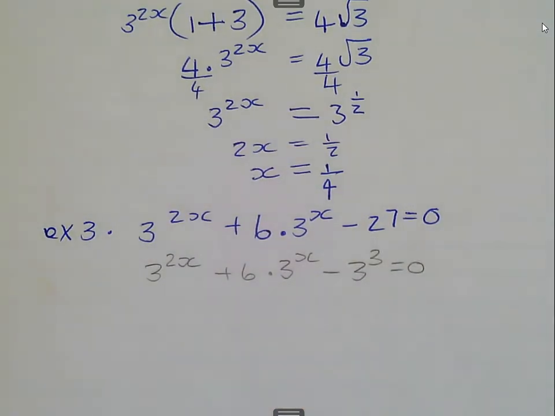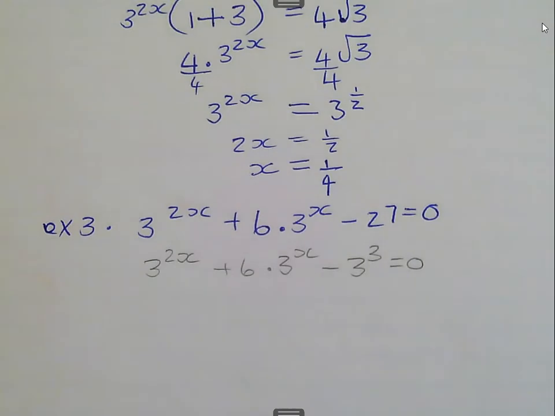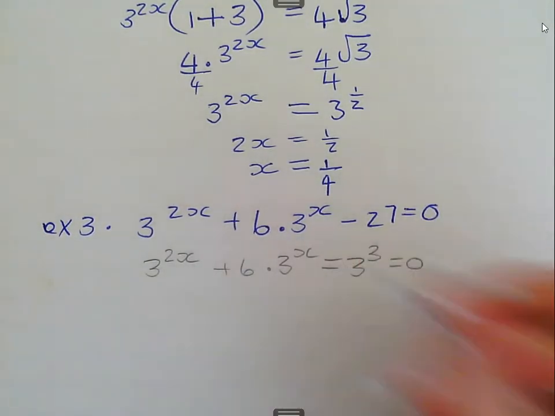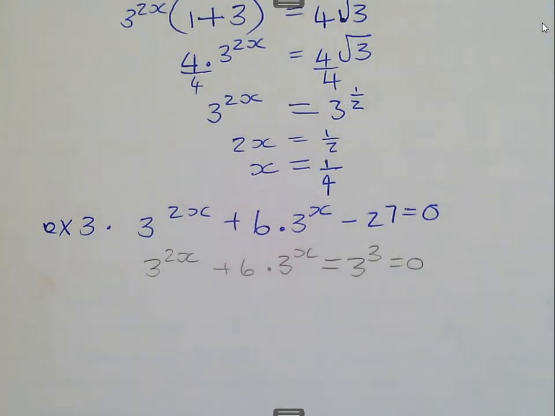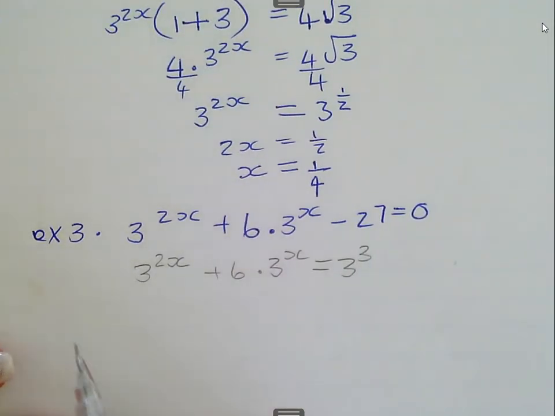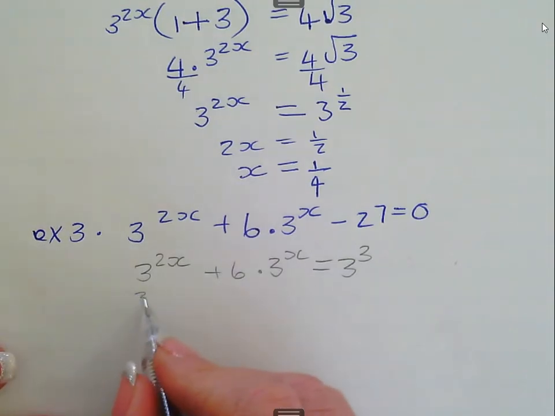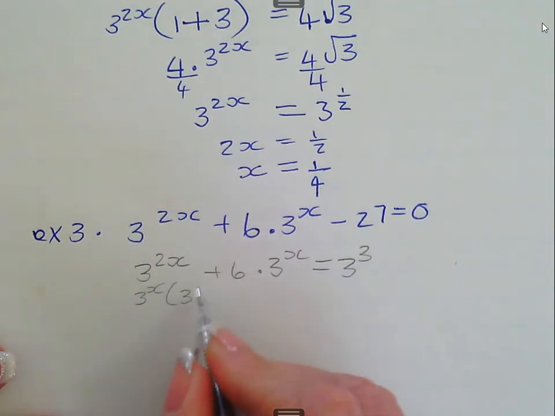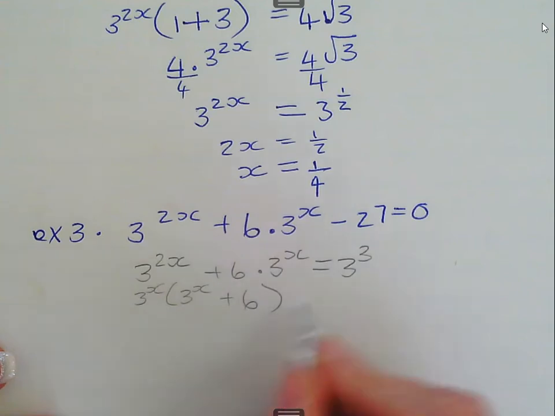Okay? Then maybe some of you thought, let me take that one to the other side. Then it looks like that. Okay, then I've got my exponentials on one side, I've got the normal number on the other side. Now maybe some of you thought, let me take out something in common. Then I'll have 3 to the power of x bracket 3 to the power of x plus 6 equal to 3 to the power of 3.